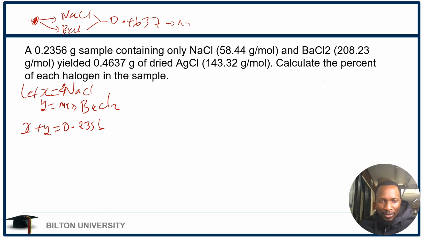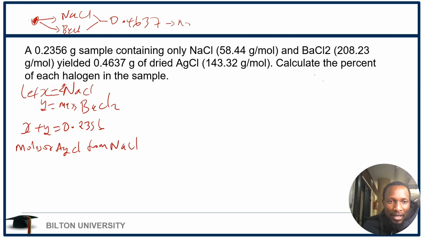So let's assume X is the mass of sodium chloride and Y is the mass of barium chloride. What we need to do is calculate the moles of silver chloride which came from each. We start with moles of silver chloride from sodium chloride. The ratio between sodium chloride and silver chloride is 1:1.